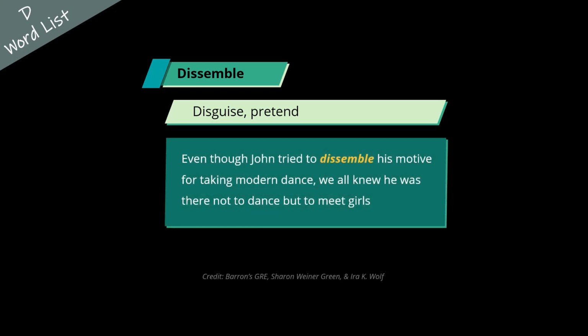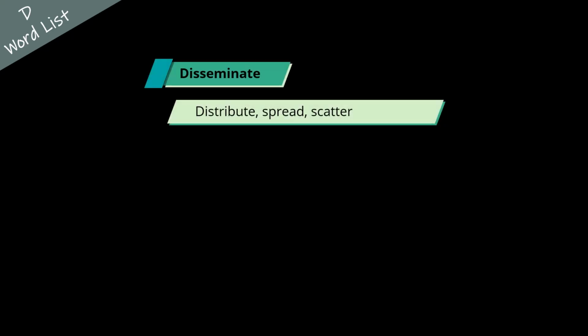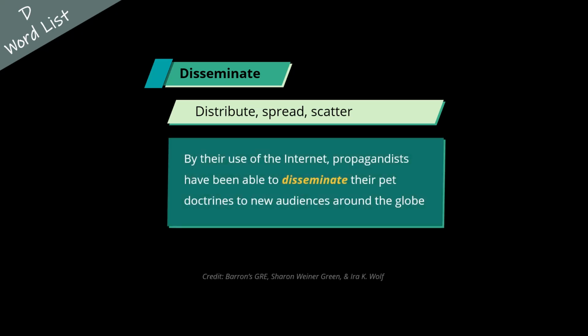For example, even though John tried to dissemble his motive for taking modern dance, we all knew he was there not to dance, but to meet girls. Disseminate means distribute, spread, scatter. For example, by their use of the Internet, propagandists have been able to disseminate their pet doctrines to new audiences around the globe.